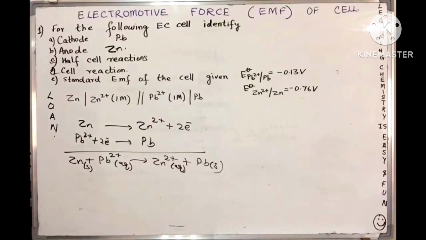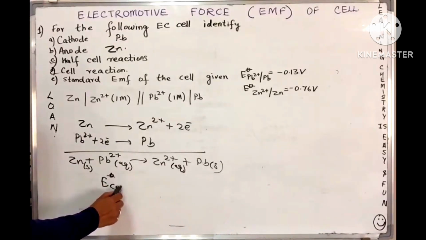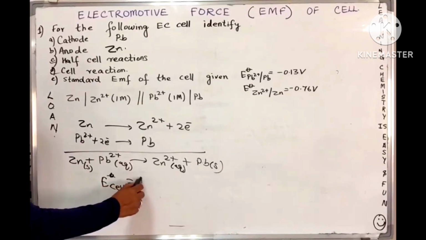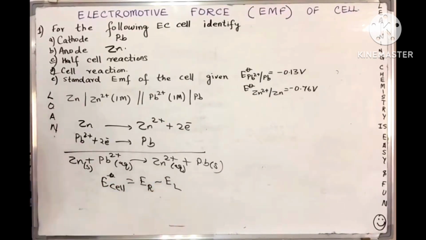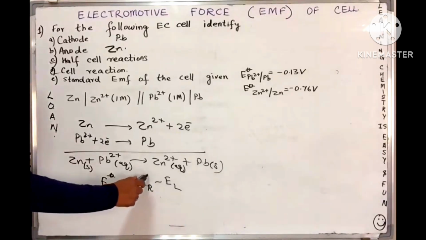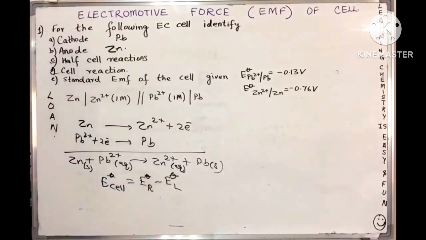Standard EMF of the cell. Just now we derived the formula: E naught cell, standard EMF of the cell, is the electrode potential of the right hand side minus the electrode potential of the left hand side. Standard oxidation or reduction potentials?